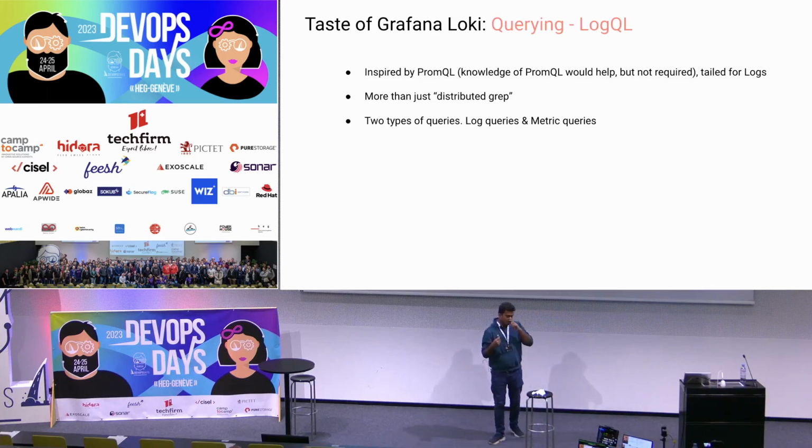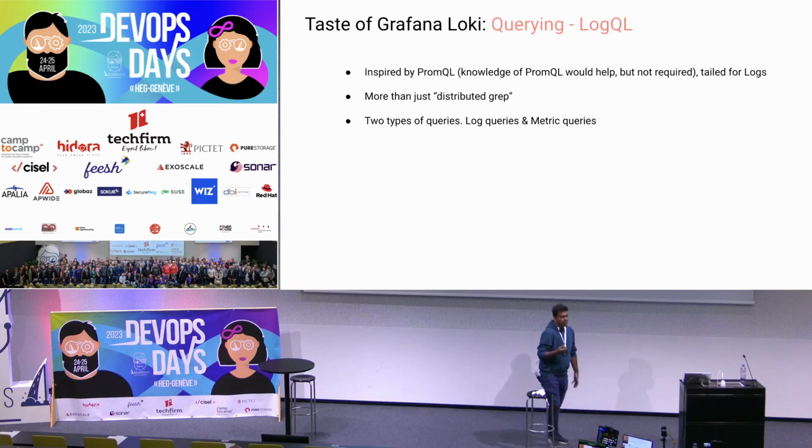We'll see how it works and what the use cases are. If you have some important information in your logs, you can do some kind of arithmetic on it. It's not like you can only match a string or some regex. You can extract that information and do arithmetic and joins and that kind of thing. So it's not just a distributed grep.